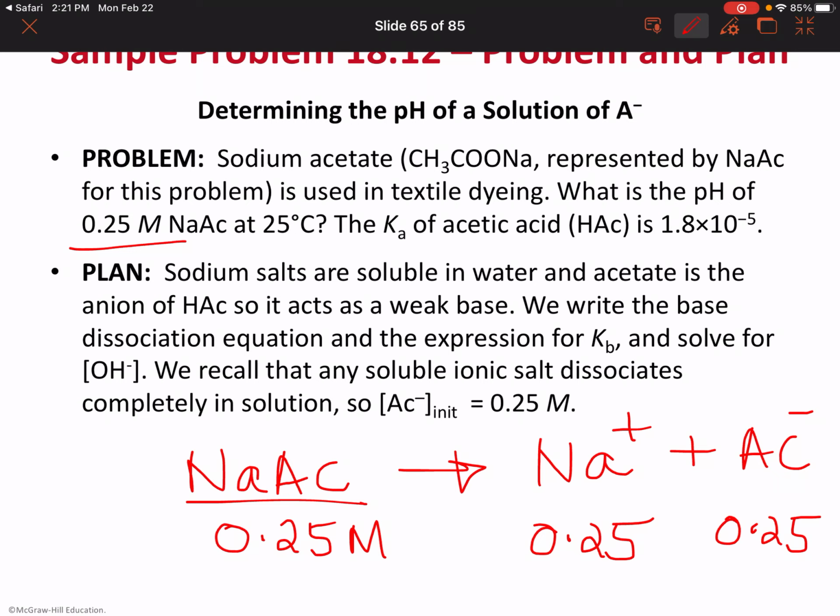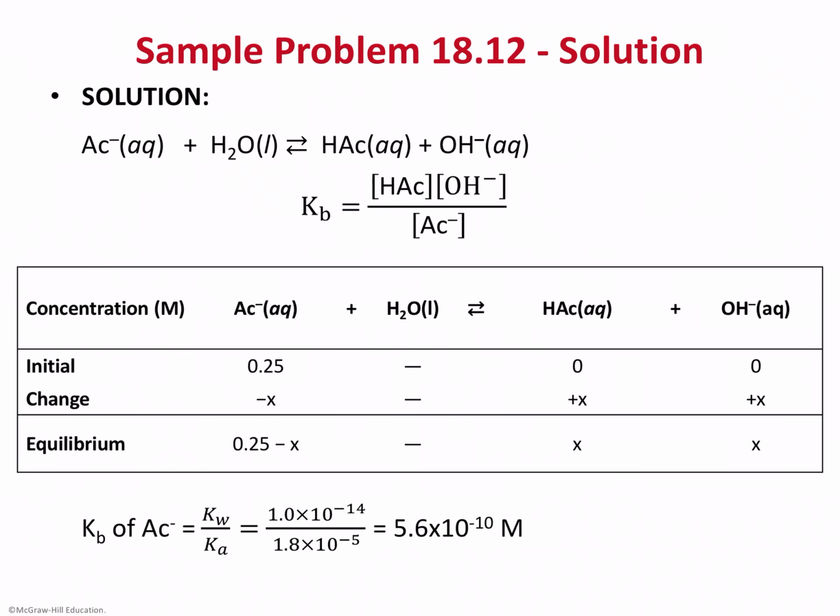Okay, now we can put this into an equation where we take the acetate ions. It is a weak base, the conjugate base of a weak acid. Acetate ion with water gives you HAc, which is acetic acid, plus hydroxide ions.